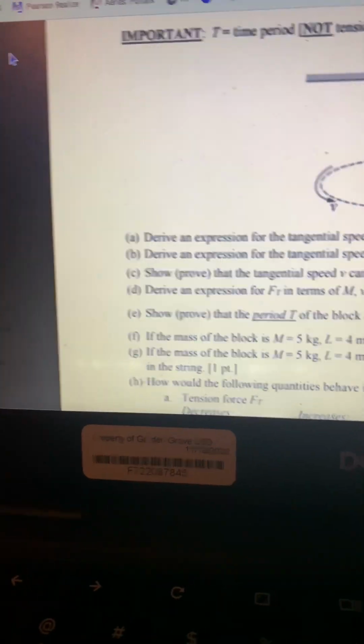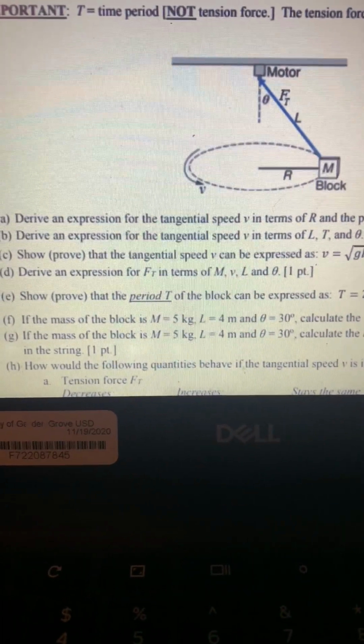Moving on now to part D, it asks us to find Ft in terms of m, v, L, and theta. First things first, note that Fc is equal to Ft sine theta. That way we can isolate for Ft. Dividing by sine theta, we get Fc over sine theta is equal to Ft.